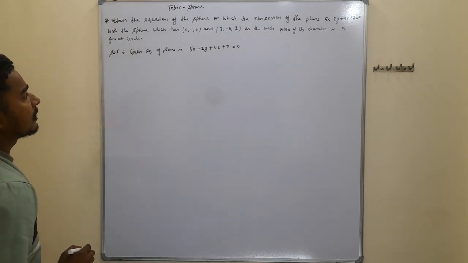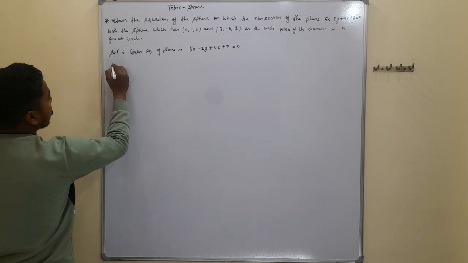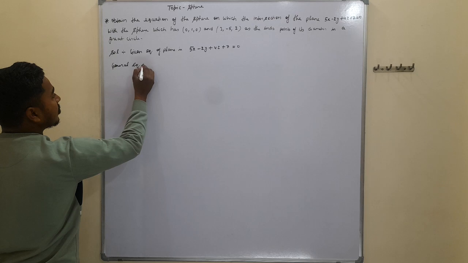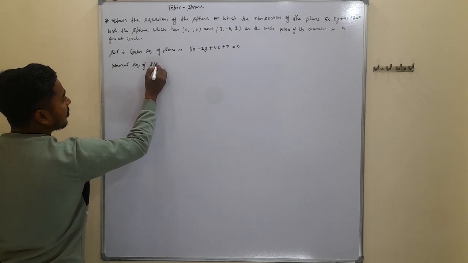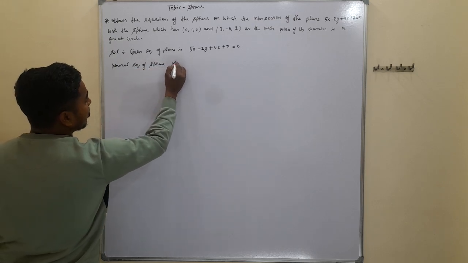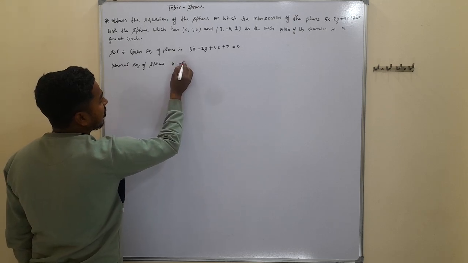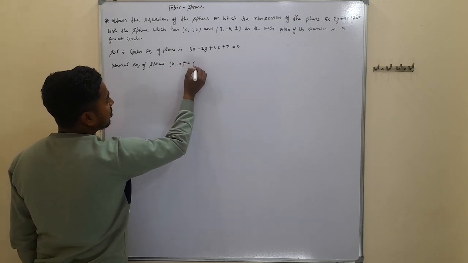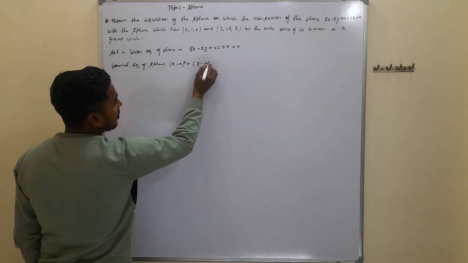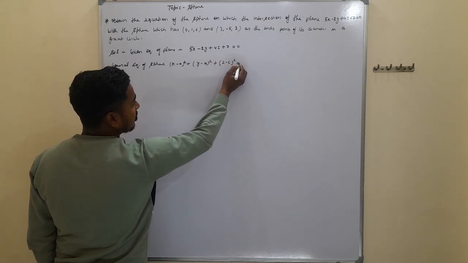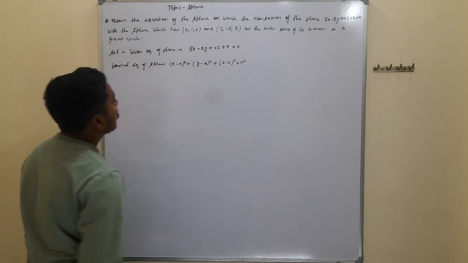And we know that the general equation of a sphere is given by (x minus a) whole square plus (y minus b) whole square plus (z minus c) whole square is equal to r square.